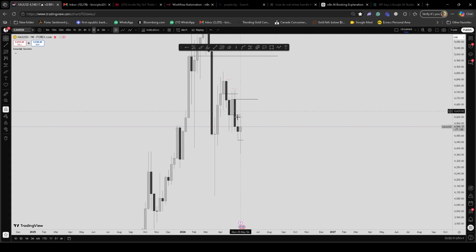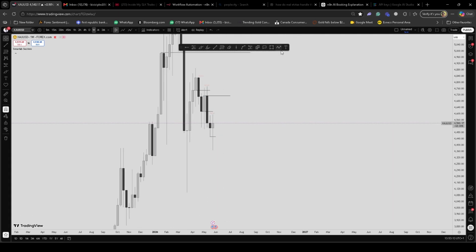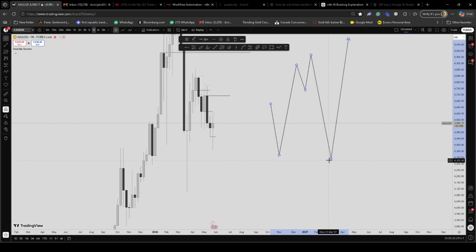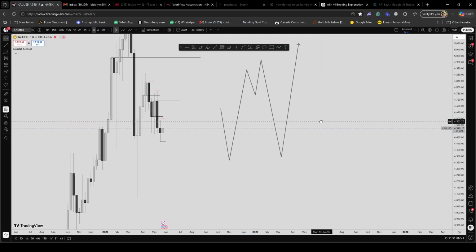Now the pullback has started. This is what will always happen. Anytime price takes out an external liquidity, price is coming in for an internal liquidity, which is a pullback, before you can continue in the right direction.